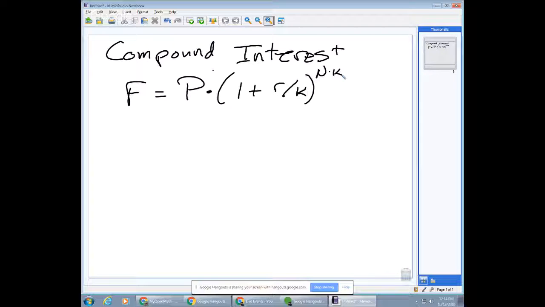So one way you could use this is you could try to find the future value of some investment.